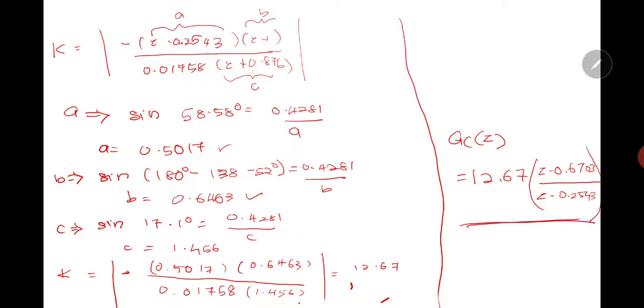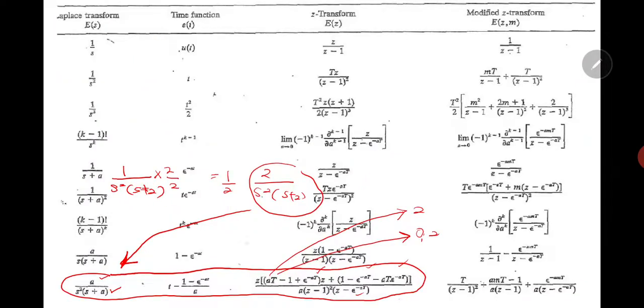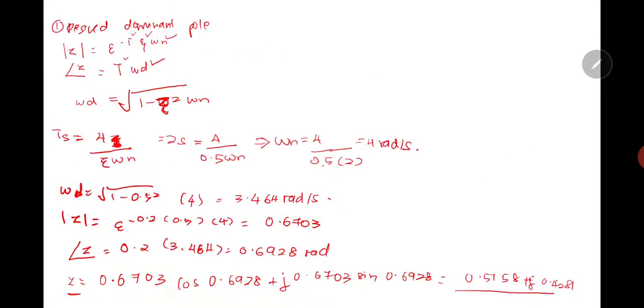This transfer function is the final answer, the one that we need to plug into the block diagram and program in our microcontroller. So this transfer function of the digital controller is 12.67 multiplied by Z minus 0.6703 over Z minus 0.2543.